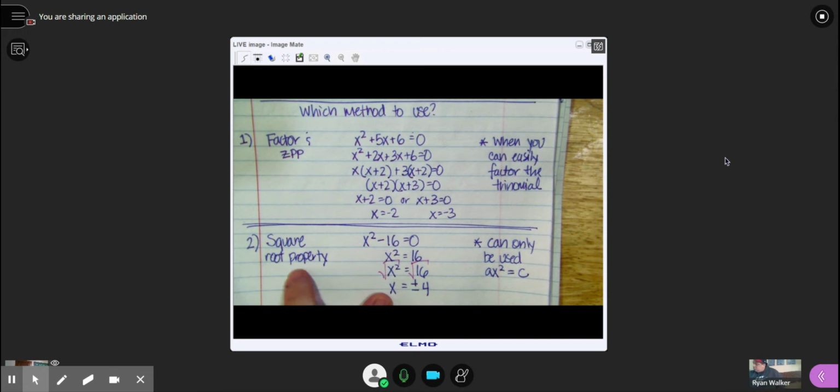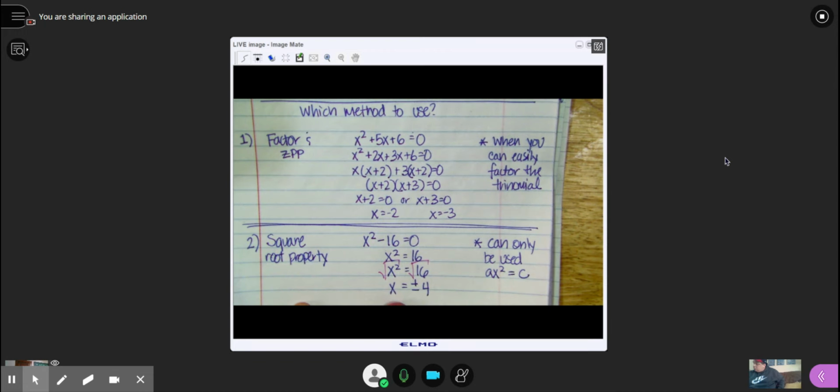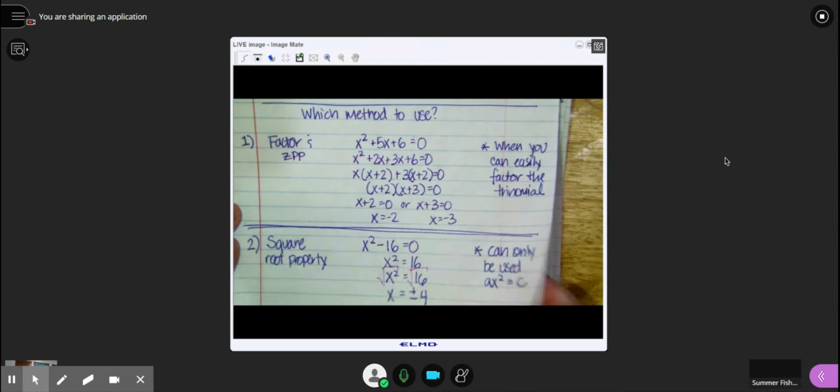So this square root property method would not work if I had a trinomial. It really only works when you have technically the difference of squares. So it's limited in its methods. Okay? Third type.